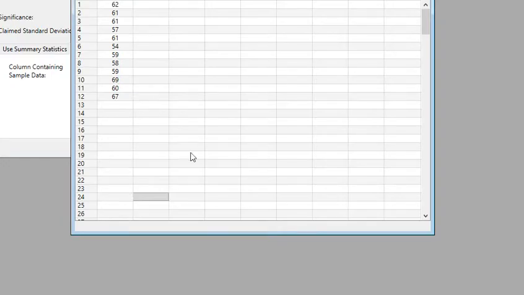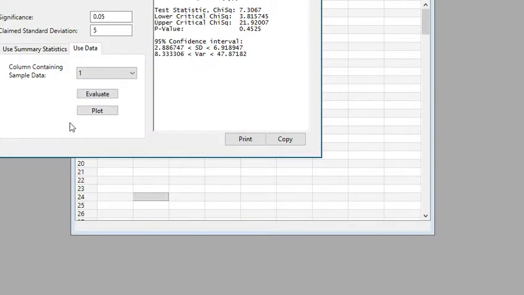Let's follow that up with one last little detail regarding this problem, and that is the confidence interval. Now, the nice thing about StatDisk is that it gives you the confidence interval. So let's take a look back at our output here. And our confidence interval, we actually have two. One's for the variance, and one's for the standard deviation.